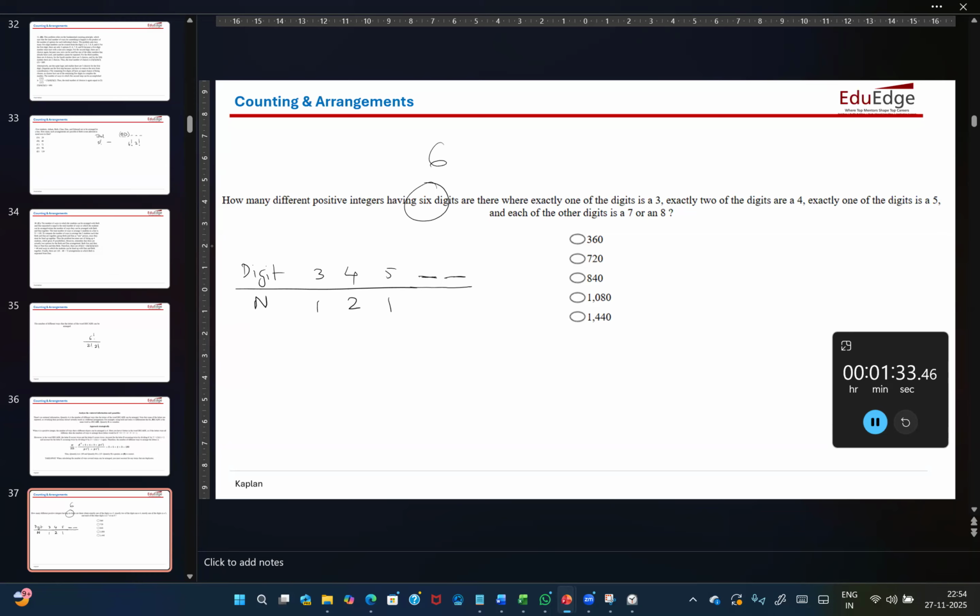The other is 7 or 8. No, so I have to add it, not multiply. 30 into 6 is 180. I'm still getting the same thing.